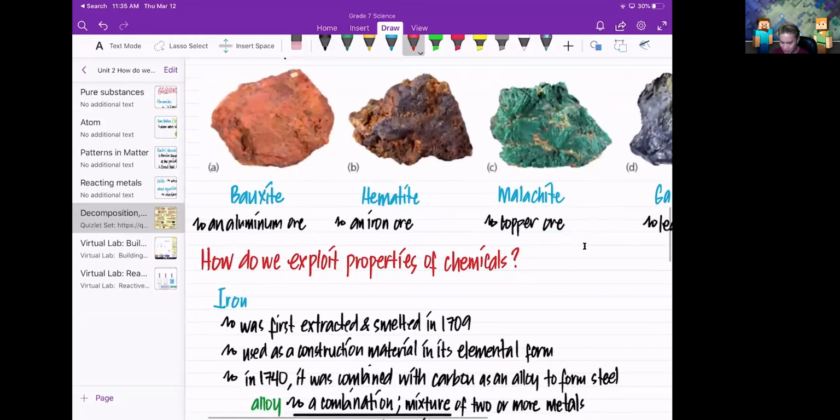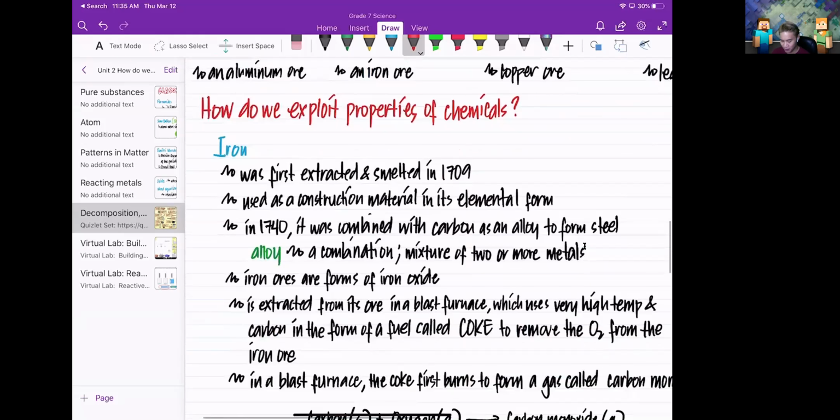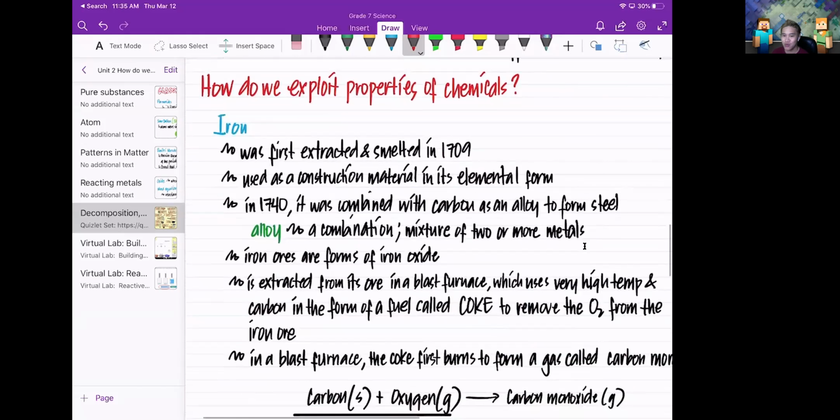Now, another question is, how do we exploit properties of chemicals? How do we extract? How do we get these metals? Earlier during the Industrial Revolution in Europe, they depended on scientific discoveries about the properties of metals.